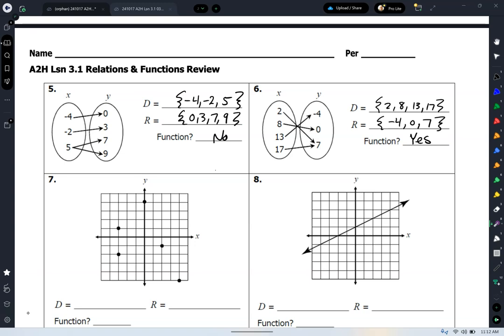And then over here, we still have a 2 partnered with a 7 and a 17 partnered with a 7. But again, as we saw before, it's okay to have the same y partnered with different x's. That creates that horizontal placement of your discrete points. So that's okay, because horizontal lines pass the vertical line test, making them functions. Good?